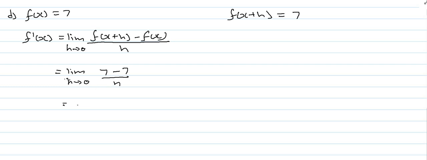So this becomes the limit as h approaches 0, 0 over h. 0 divided by h is the same as 0. So what does this say? This tells us that the f prime of x of a constant will always be 0.